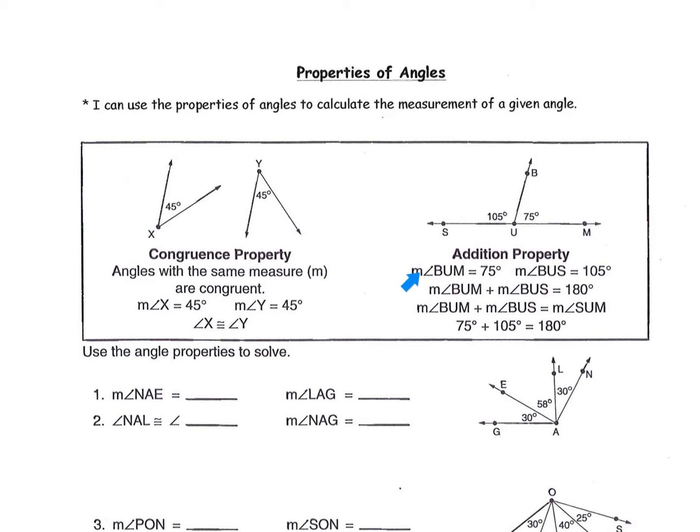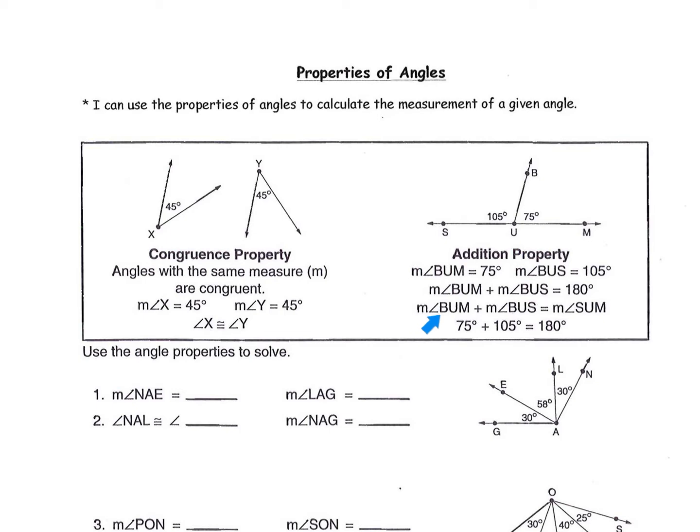So this says if the measurement of angle BUM equals 75 degrees, so B to U to M, and the measurement of BUS is 105 degrees, so BUS, there we go, they marked it 105, then the measurement of angle BUM plus the measurement of angle BUS equals 180 degrees.